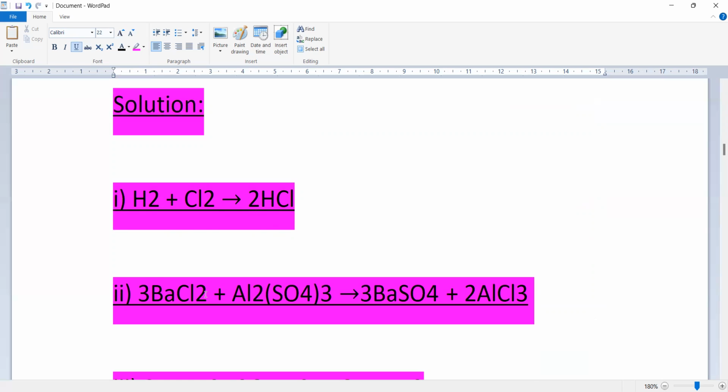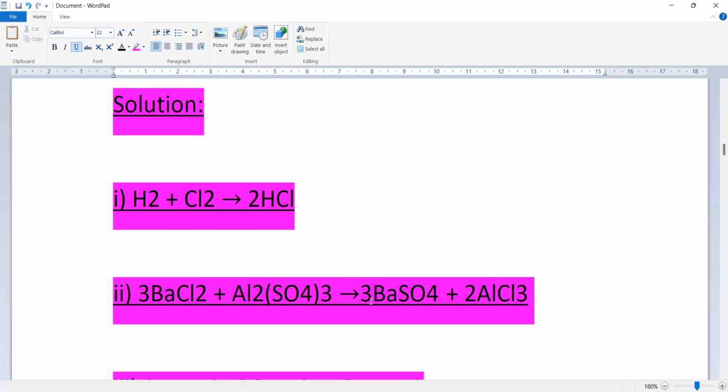Next question: barium chloride reacts with aluminum sulfate, giving barium sulfate plus aluminum trichloride. BaCl2 plus Al2(SO4)3 gives BaSO4 and AlCl3. For balancing, SO4 is 3 times, therefore we write 3.